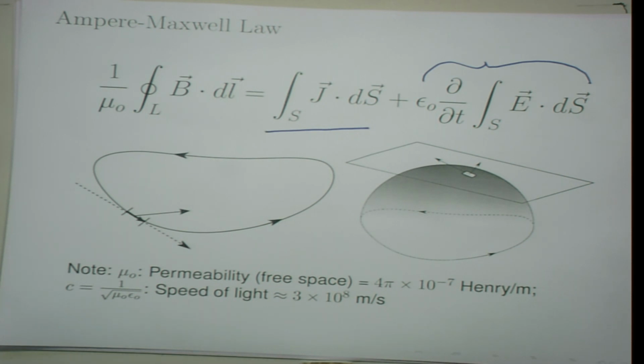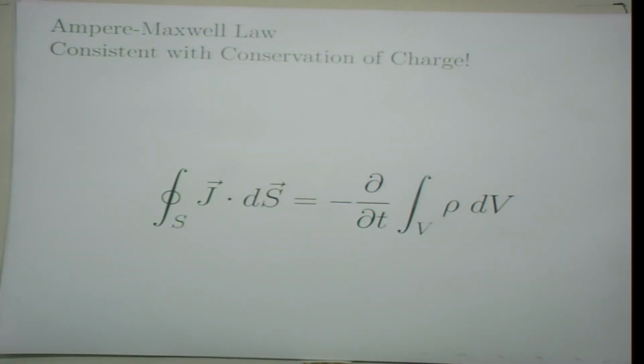We will not derive this in this lecture, but let me just tell you that the Ampere-Maxwell law implies that the total current through a closed surface is equal to the rate of build up of charge within the surface, which makes a lot of sense.